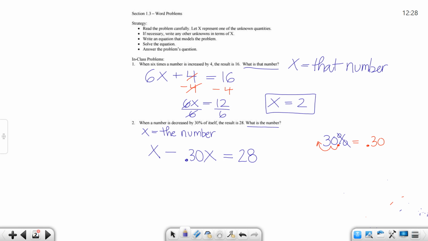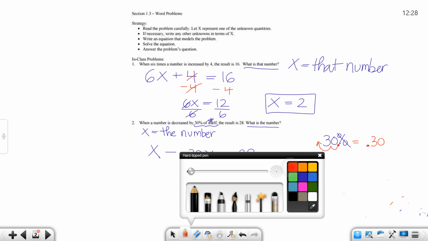So in any of these problems that I'm about to do, when you have percent, it's got to have the whole with it. In this case, an X. So since it says 30% of itself, you have to put the X in that position because it's not just decreased by 30 cents or 30 hundredths, it's decreased by 30% of itself. So that's why that's in there.